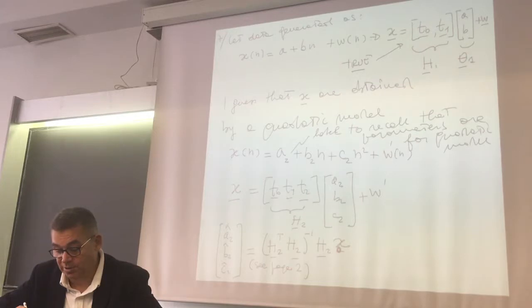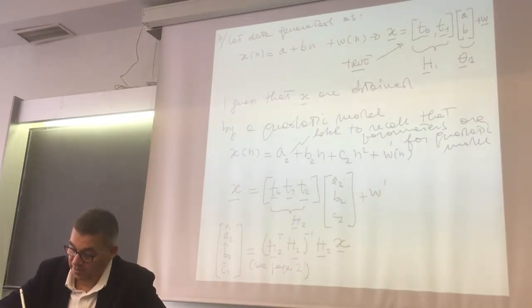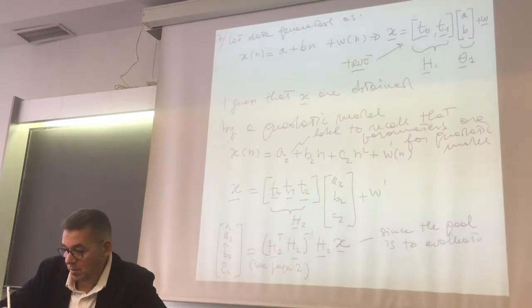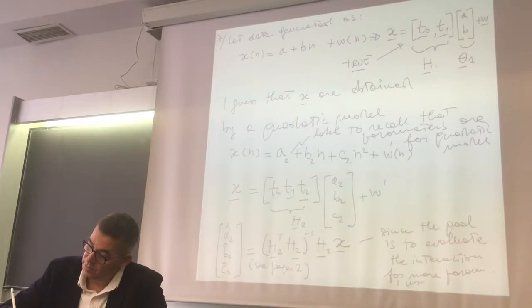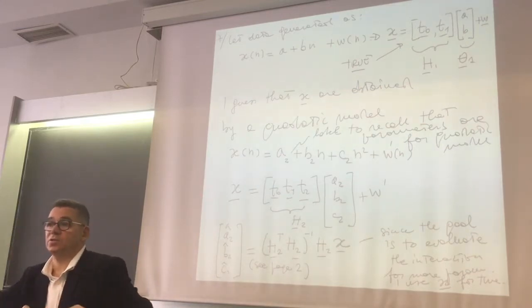So my goal is to evaluate the interaction for more parameters. I use X for true, so I assume that X is the true one.